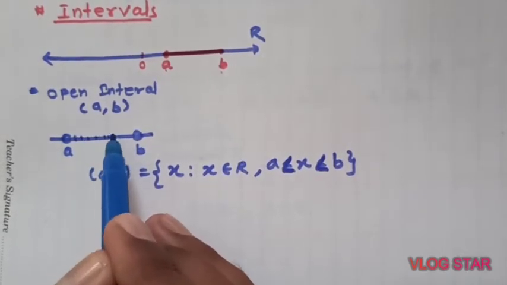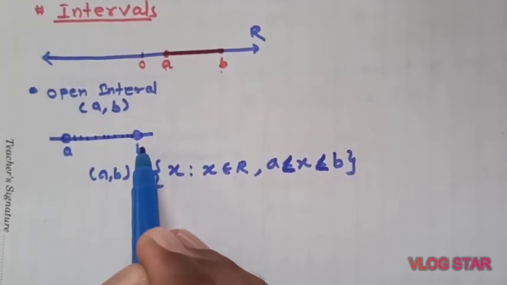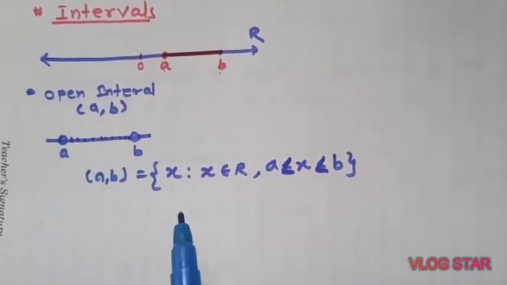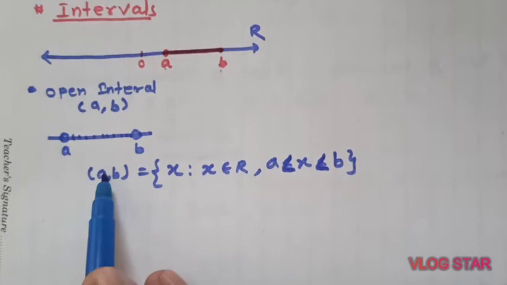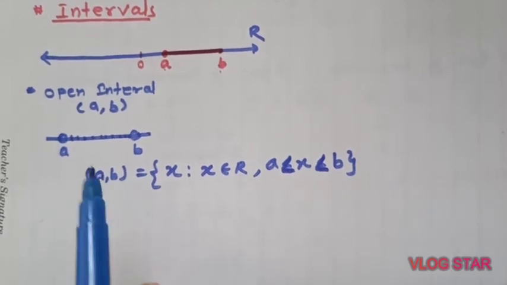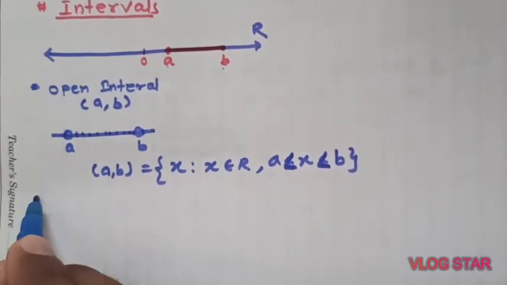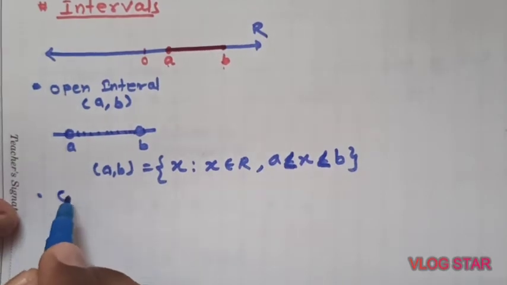So each element between A and B, but with A and B not included, is considered as the interval AB, which is the open interval. Now next to that, the closed interval.